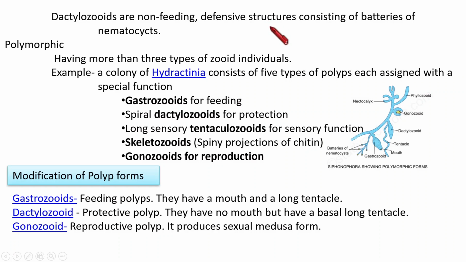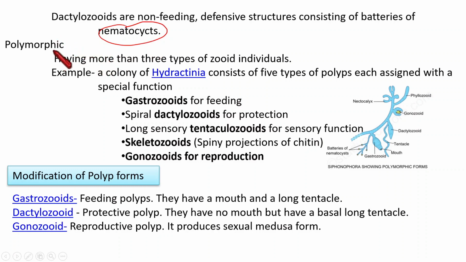We know that the offensive structure in Cnidarians is the nematocyst itself. How the nematocyst functions, I have described in my video about Cnidarians, so whoever is interested, go and watch that video on my channel.